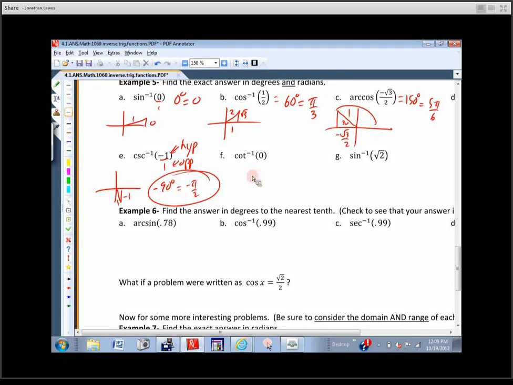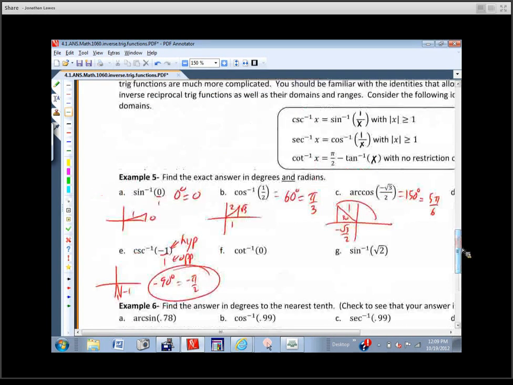Now, that's a cotangent inverse. If you want to use that identity right there, be my guest. Or if you want to think in terms of sides here, is that right? It's cotangent, right? Not tangent.